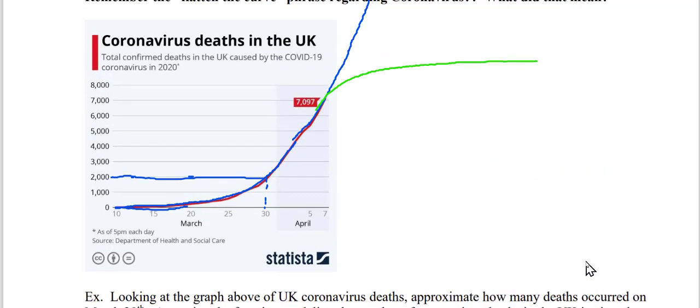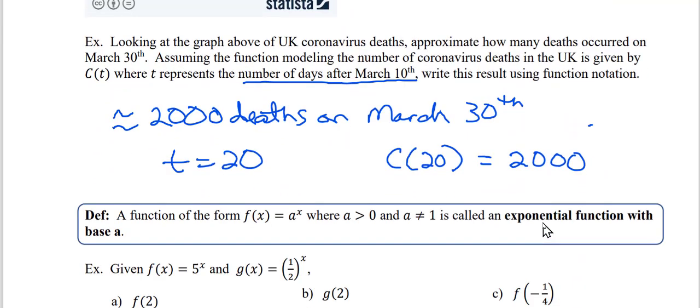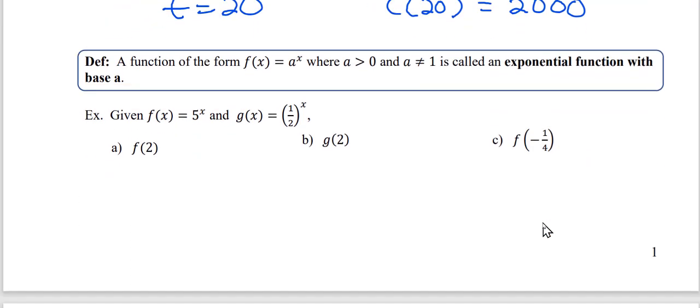Sometimes you'll hear people say the phrase exponential growth, and in your brain that probably means, ooh, that grows quickly, that grows a lot. But you may not know why. Well, it's because this blue function, if we were to continue and we didn't flatten the curve, represents an exponential function as defined down here in the middle of the page.